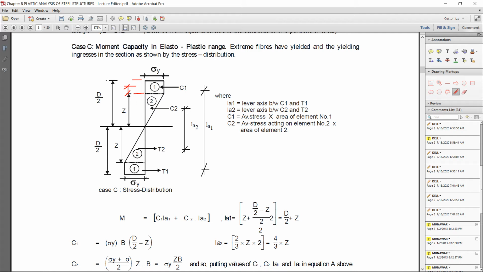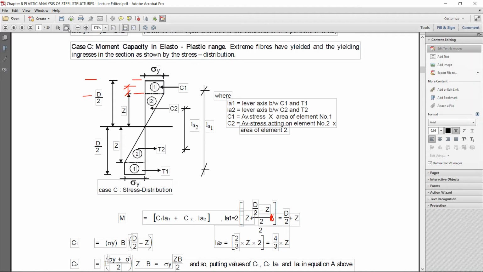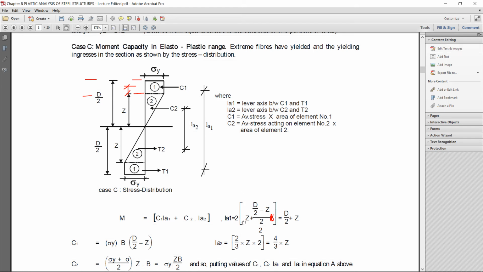You can see d by 2 minus z, this length you will get, then divided by 2 you will get this small portion here, d by 2 minus z divided by 2, then this whole is multiplied.